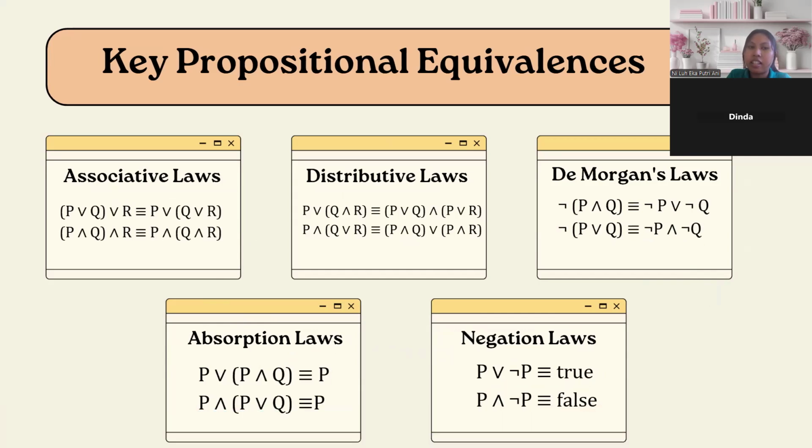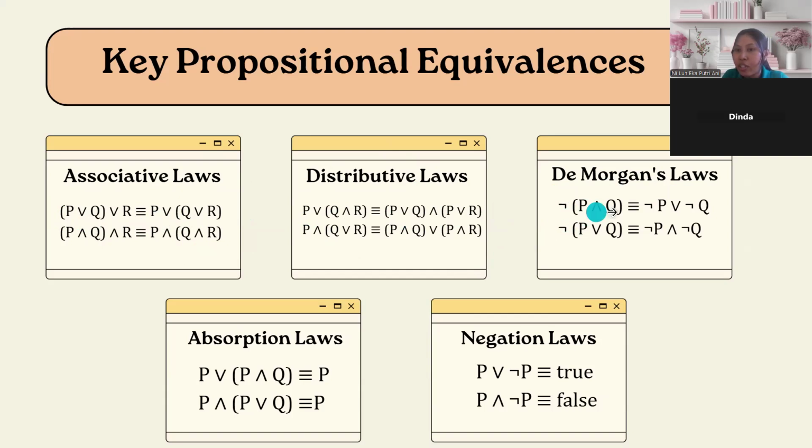Okay, and next, we have associative laws. P or Q or R is equivalent to P or Q or R, grouped differently. Okay, and distributive laws. P or (Q and R) is equivalent to (P or Q) and (P or R). We also have De Morgan's laws.